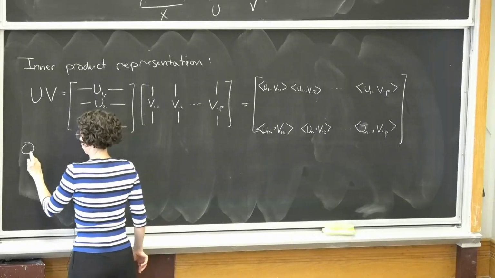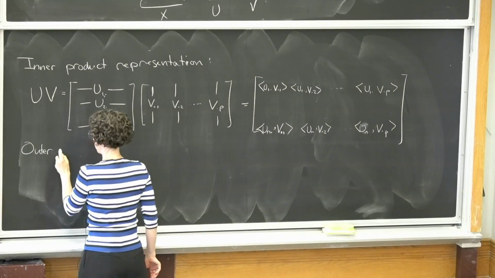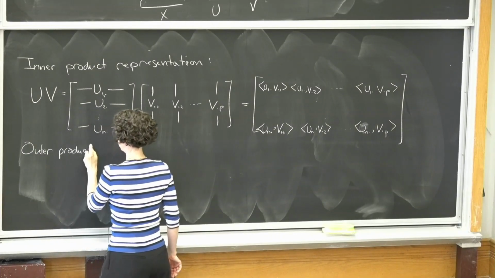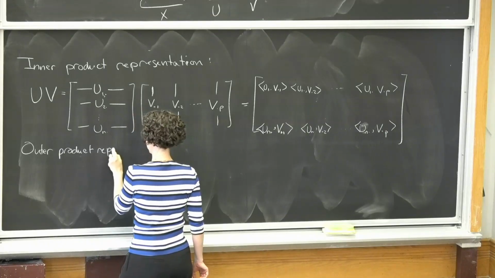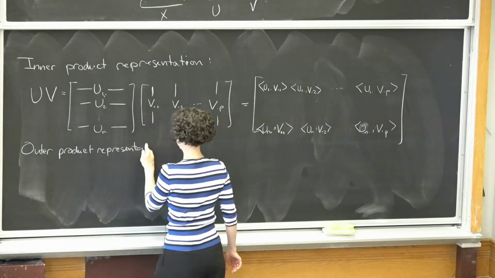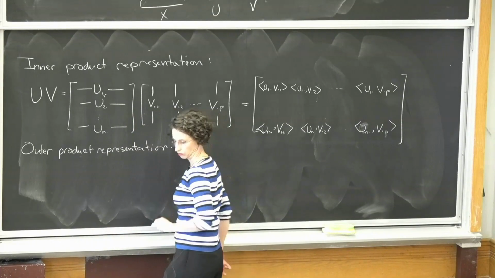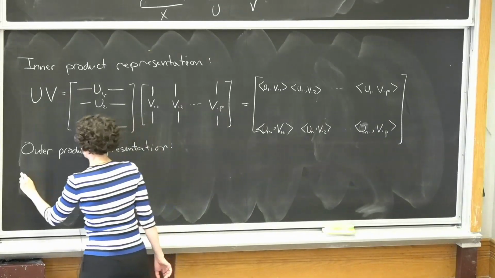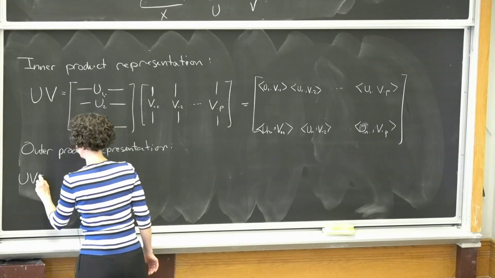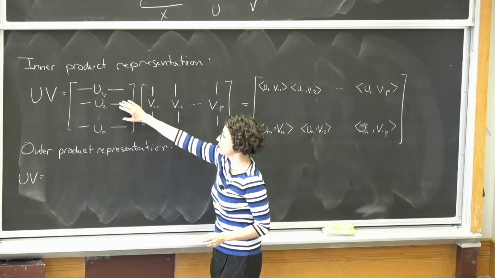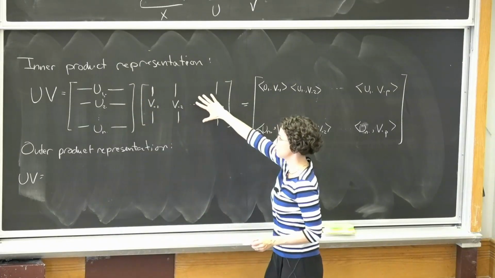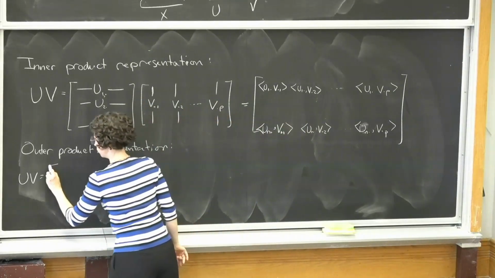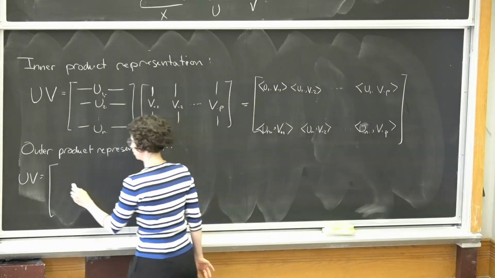Another perspective on this is the outer product representation. Where I'm now going to write U and V differently. Instead of writing U in terms of its rows and V in terms of its columns, I'm going to represent U in terms of its columns.